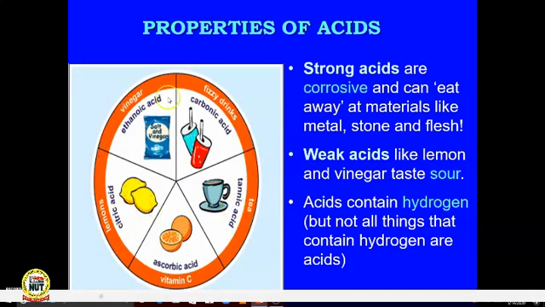So all these are types of acid that you interact with every day. Acids are not just hydrochloric acid, sulfuric acid, nitric acid, and all of that. There are little things that you use every day that contain acids, and these are some of the examples.